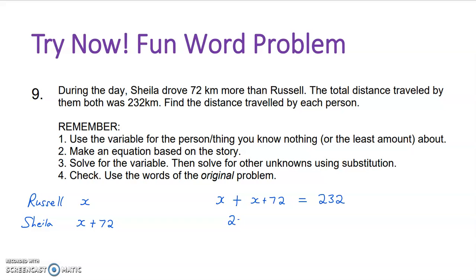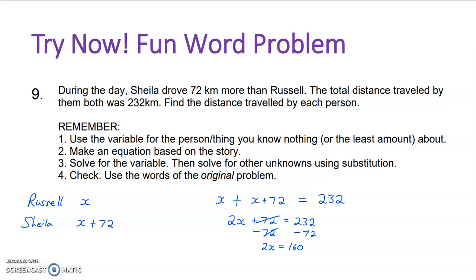X plus x is 2x, plus 72 is equal to 232. Now we can subtract the 72, leaving us with 2x isolated. So we're going to subtract 72 from both sides. That will cancel it over on the left-hand side, leaving us with 2x is equal to 160.